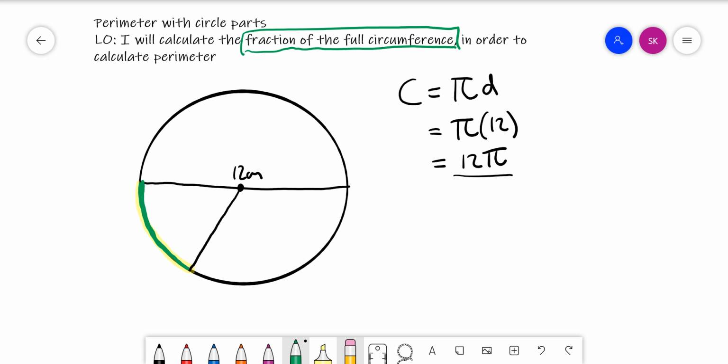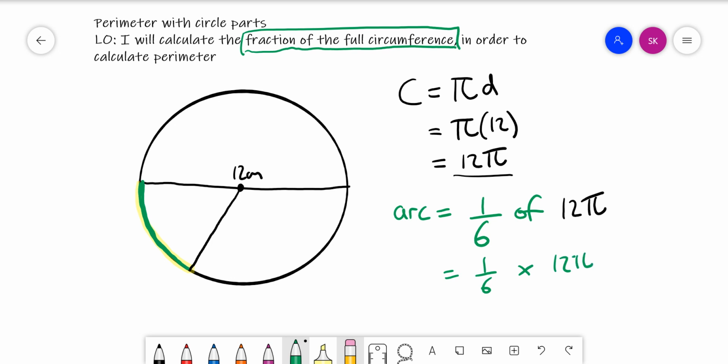Pause the video and have a go. Well, if we're dealing with a sixth, it's a sixth of the full circumference. So it's a sixth times, because "of" in maths means times, 12 pi. Always make your life simple. Simplify first.